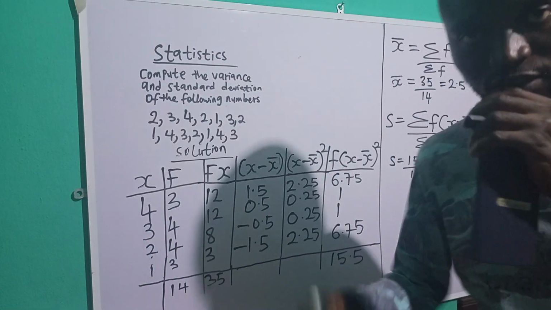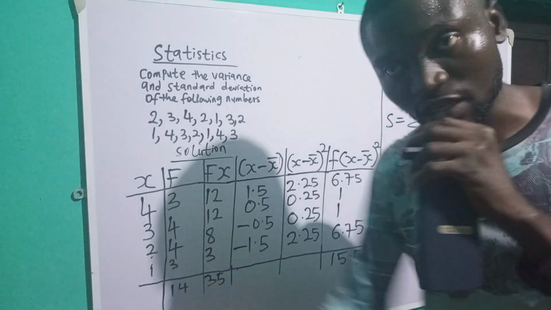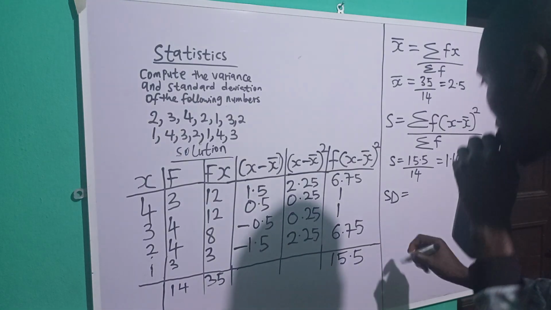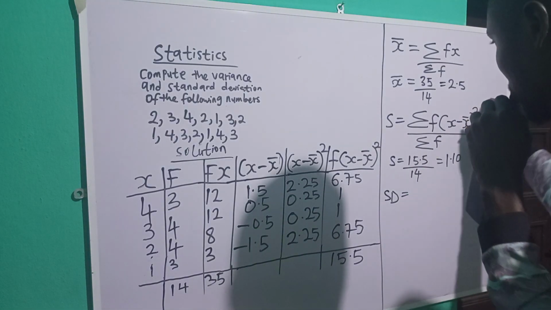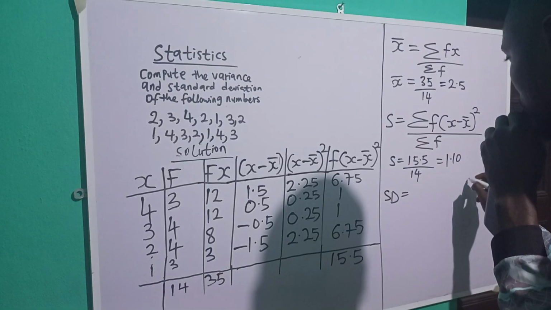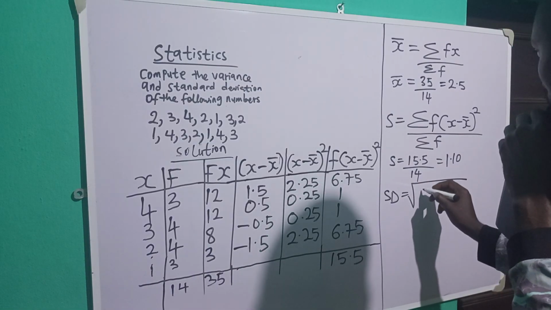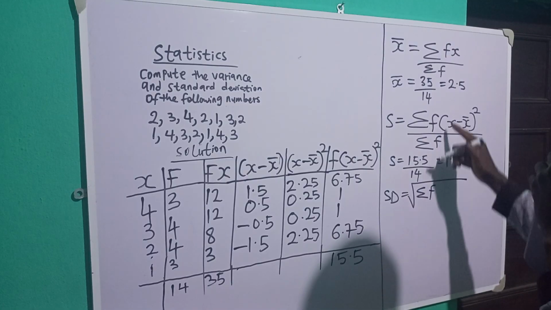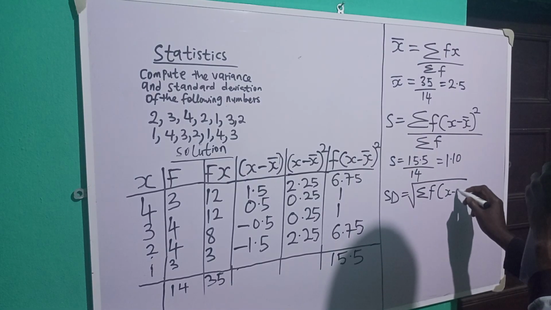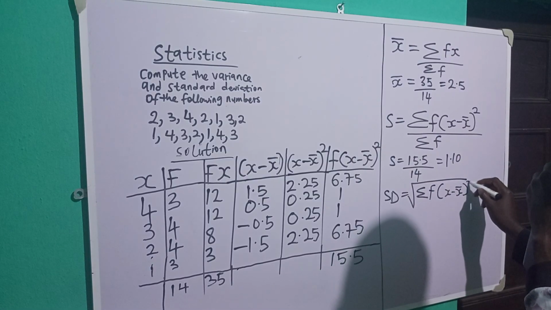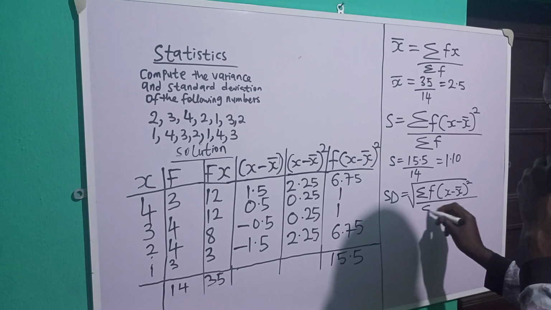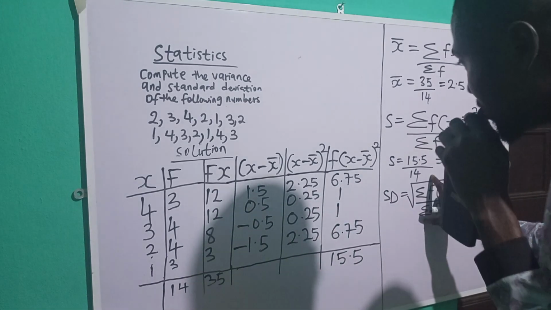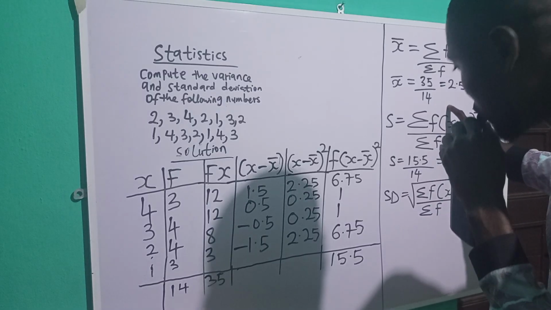Let me find the standard deviation. Standard deviation is the square root of the variance. SD is equal to the square root of the variance, so the square root of sum of f(x minus x bar) squared over sum of f. I just added a square root to what I have here.